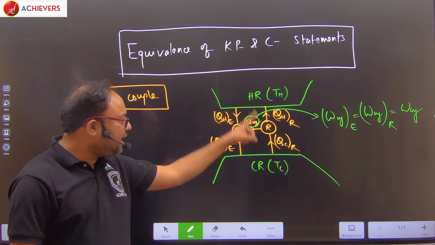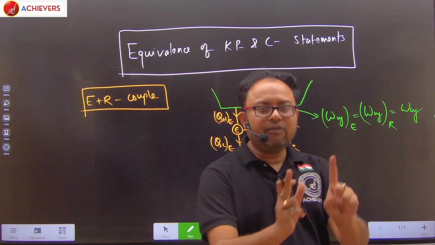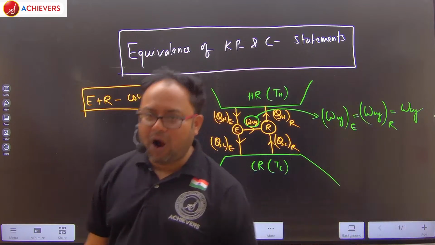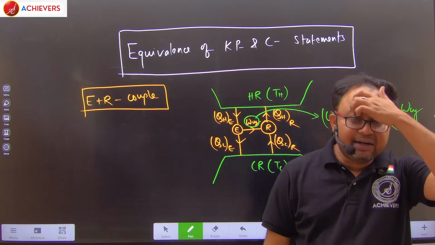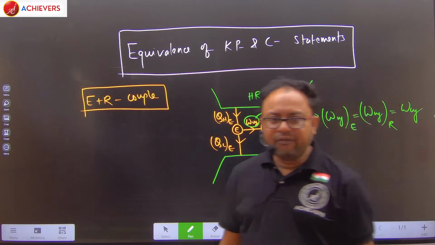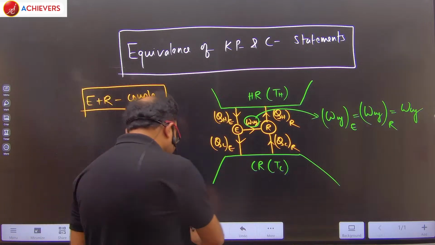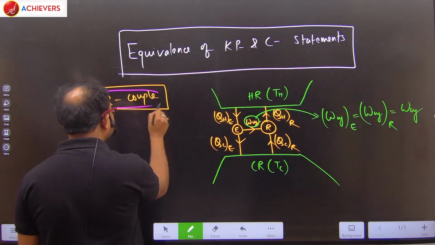So this is the process of coupling an engine with a refrigerator. The engine is performing some amount of work, and that work is being utilized by the refrigerator. In this way, we are connecting the engine with the refrigerator, and thereby we are creating this E plus R couple.